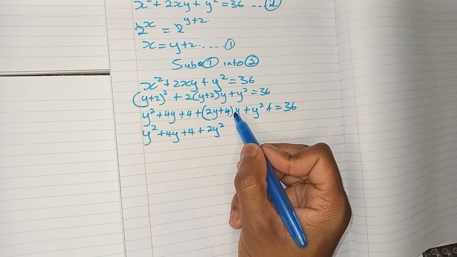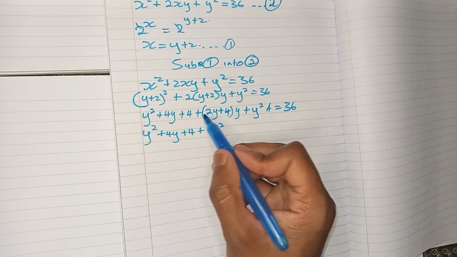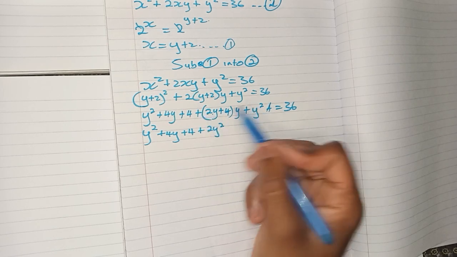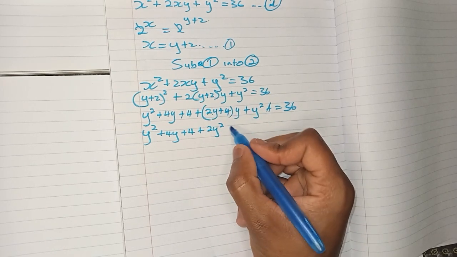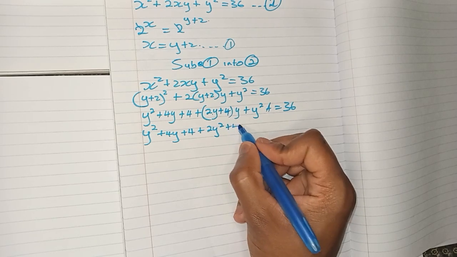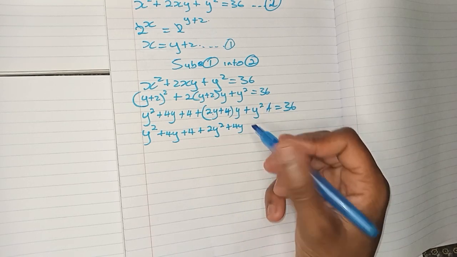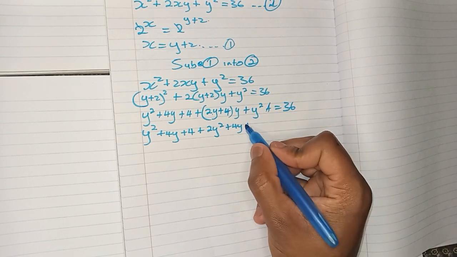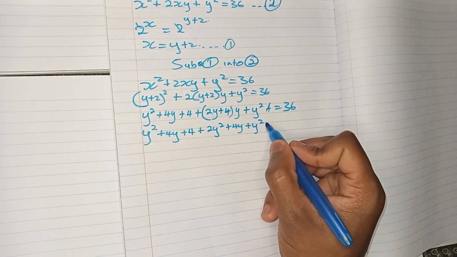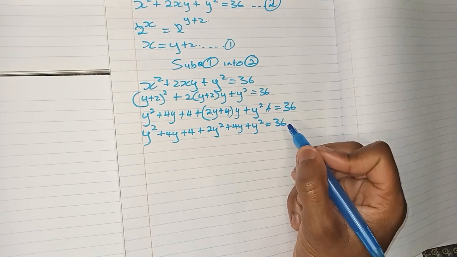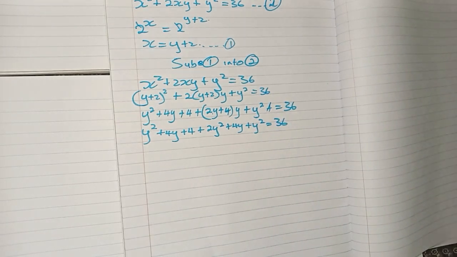It's the same as having maybe this y in front of the bracket, you know. So yeah, and we are also going to have 4y because the 4 multiplies the y. And then we also have plus y squared is equal to 36. Right now, let the simplification process begin.